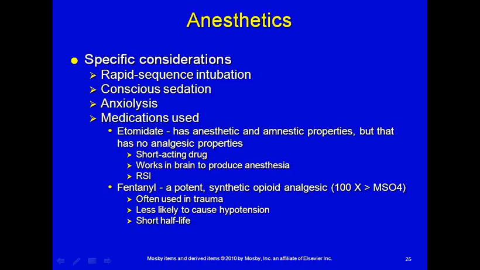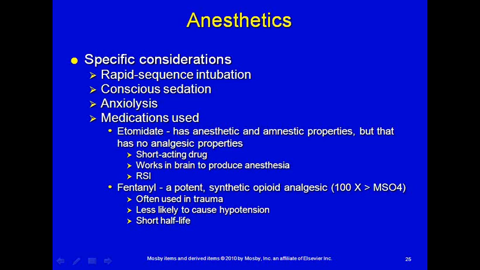The things that we would use anesthetics for include rapid sequence induction, and again, we're typically going to use things like etomidate or ketamine to induce the sedation, and then some sort of paralytic, whether it be depolarizing or non-depolarizing, to paralyze them. We can use anesthetics for conscious sedation.